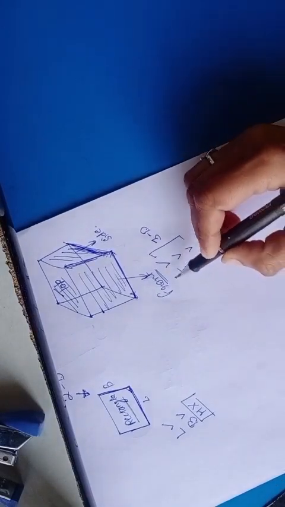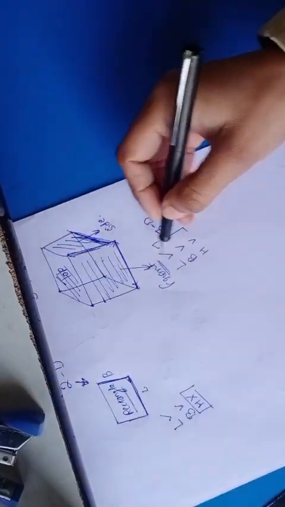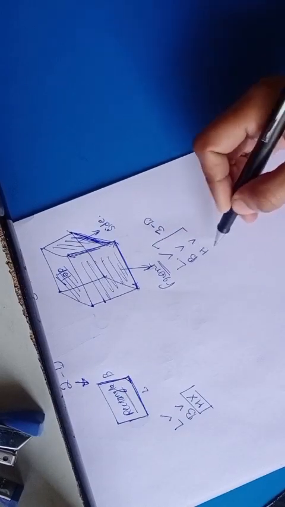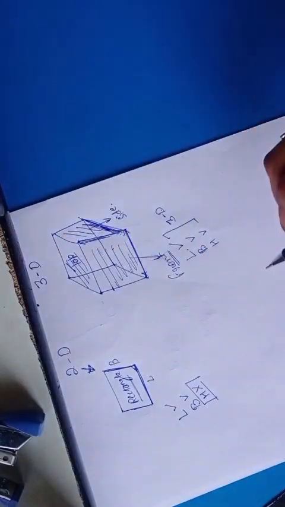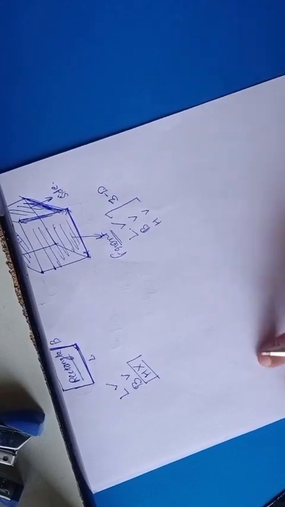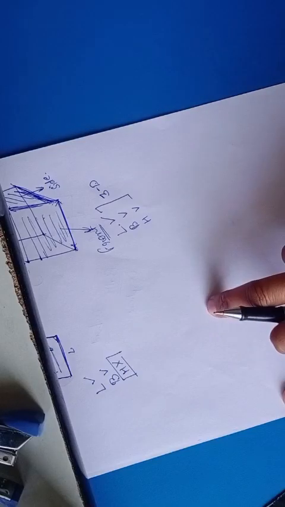3D means we can see all around the shape. We can see the front view, the side view and the top view of the figure. Now this plain page is called a 2D shape.